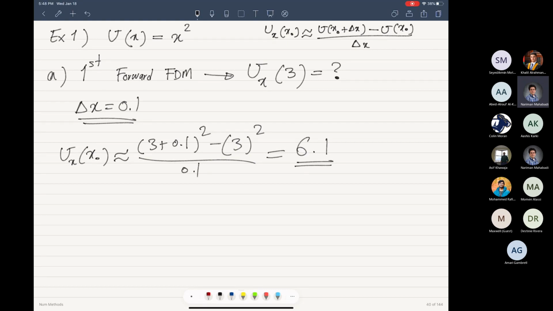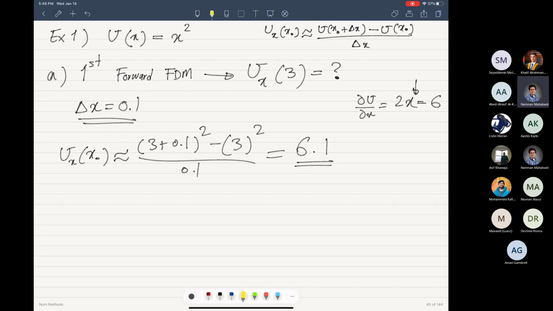And the error here is really, what is the error? How much error do we have? We have a theoretical equation, right? So what is the first derivative of this function? It's 2x, you just take the derivative. The x that we are interested in is 3, so the derivative is going to be 6 at the end.